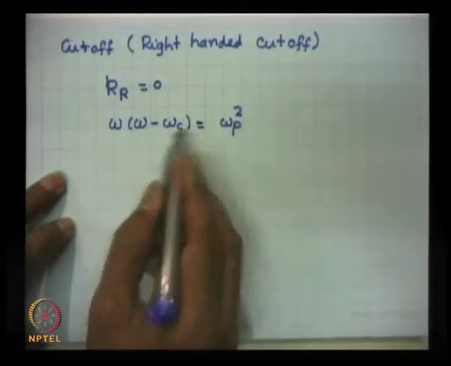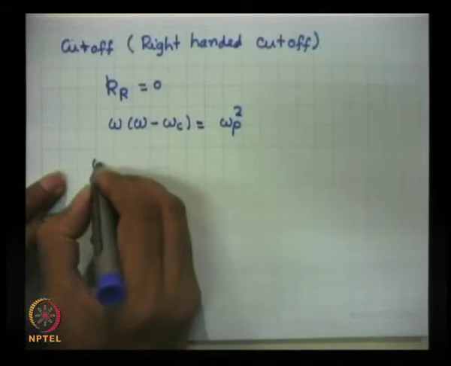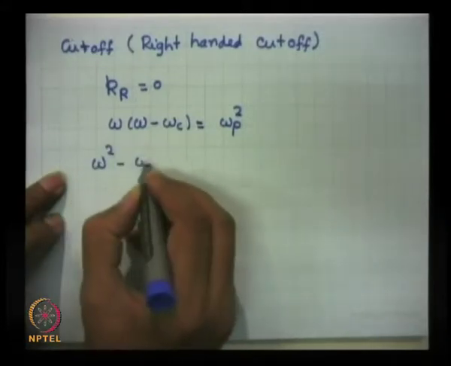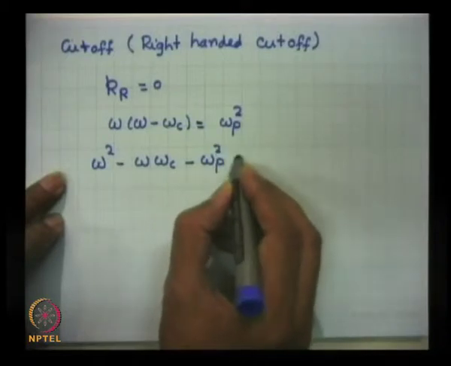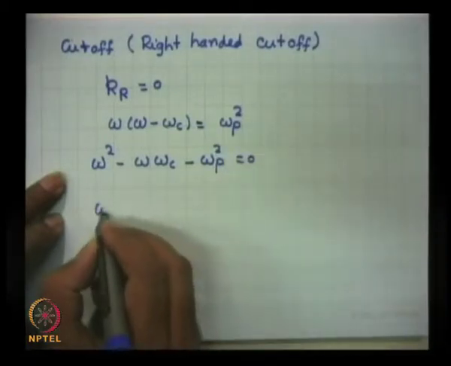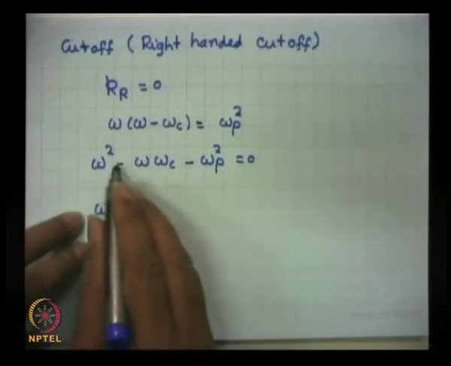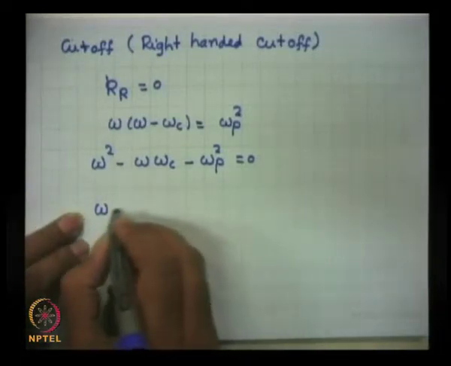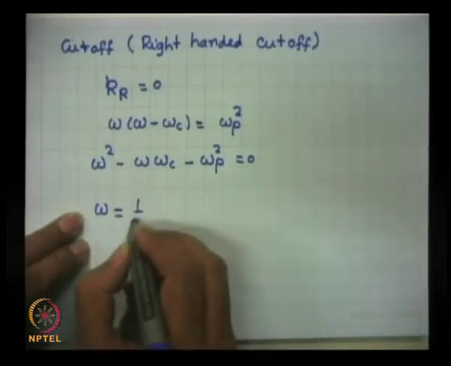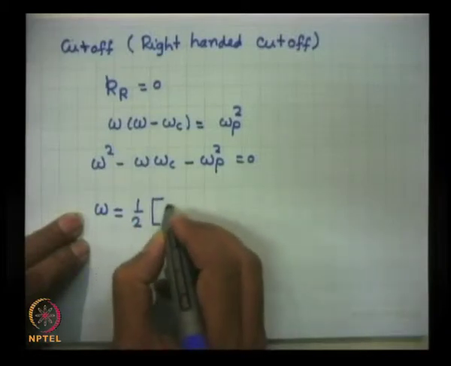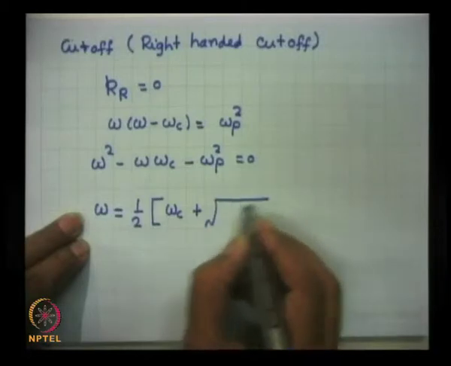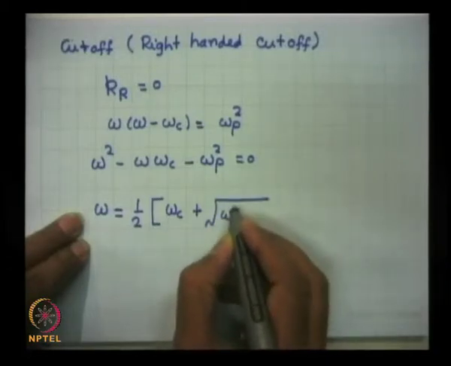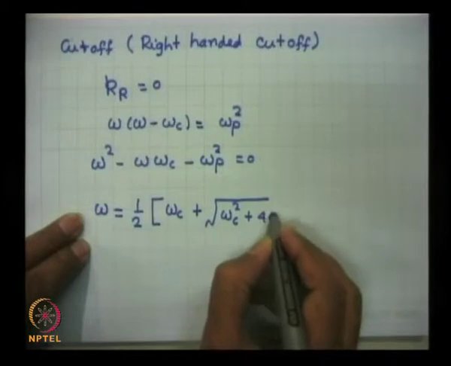When I bring this, I can rewrite this equation as omega squared minus omega omega_c minus omega_p squared is equal to 0, giving two roots, and the root with positive frequency would be omega equal to 1 upon 2 [omega_c plus under root of omega_c squared plus 4 omega_p squared].